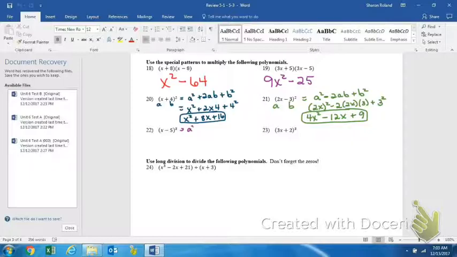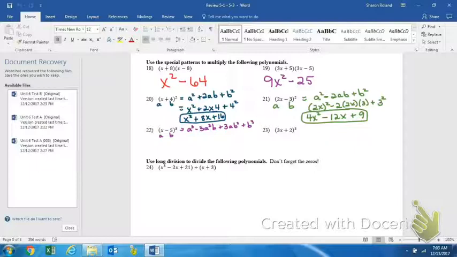A to the third minus 3a squared b plus 3ab squared plus b to the third. Now we just have to identify a and b. A is x and b is 5.